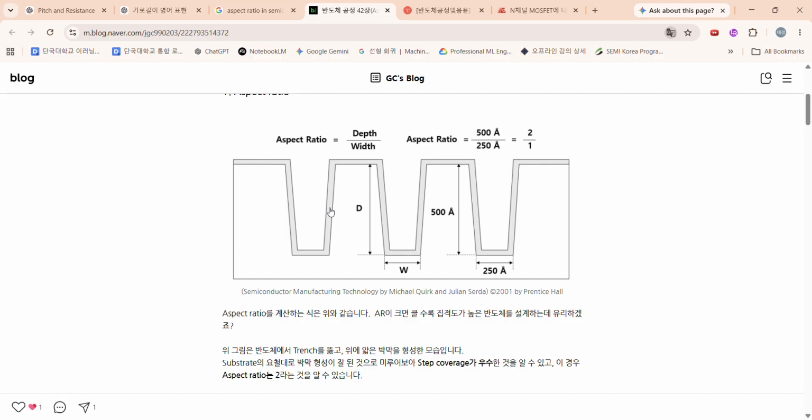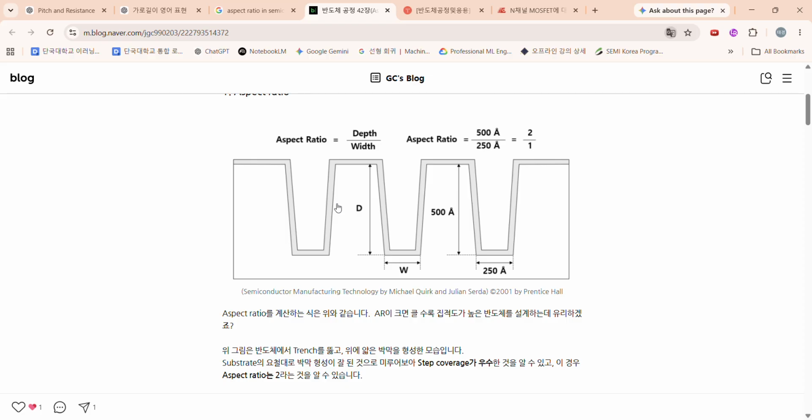But if the pitch is just 10 nanometer, it moves 10 nanometer freely, and it collides with the sidewall. It is called sidewall scattering.